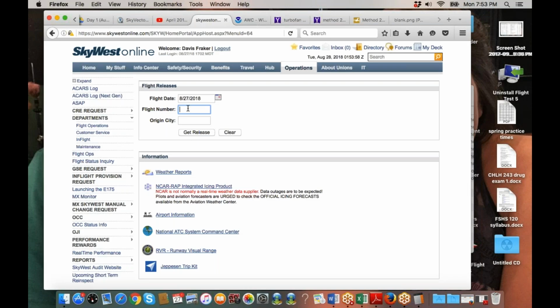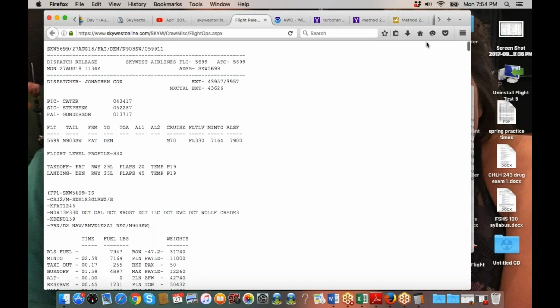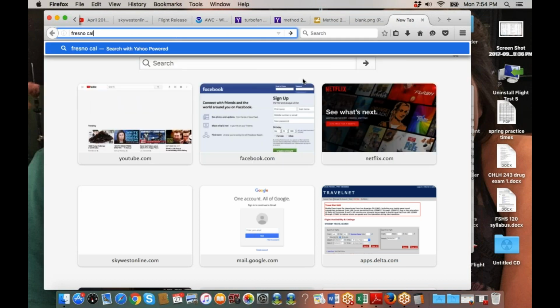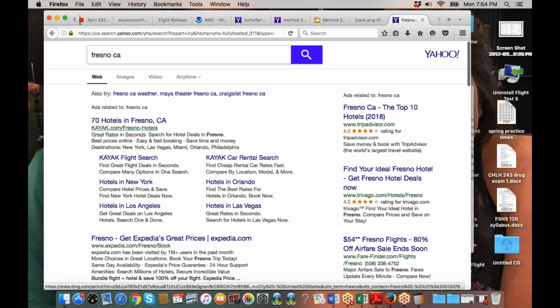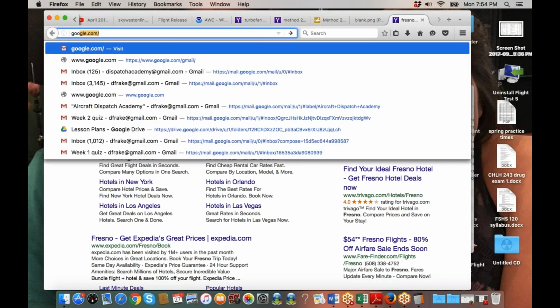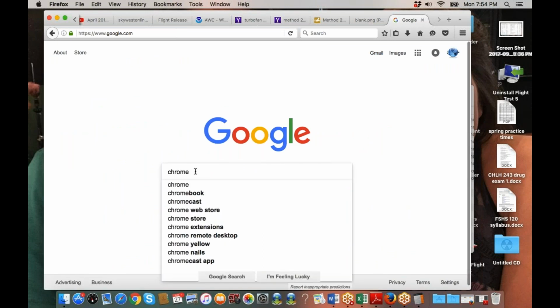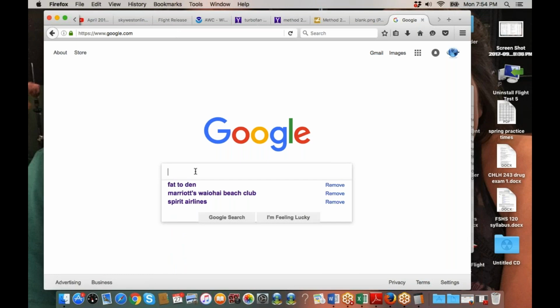So let's go to... I went and found a flight earlier. So Fresno to Denver. If we look on here, I use Firefox because my computer's so old it doesn't support Chrome anymore. And it really annoys me because I'm so used to everything else.